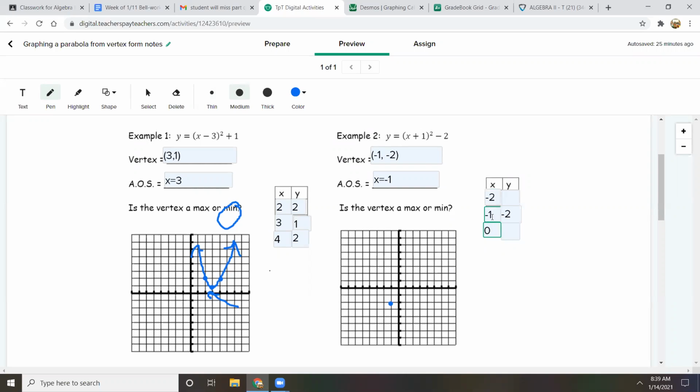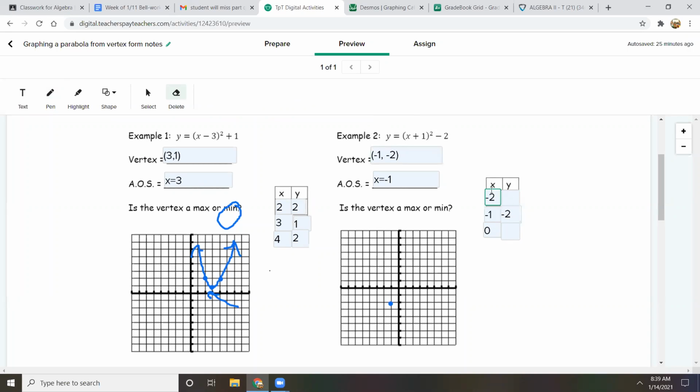You're basically going to subtract 1 from this x value and add 1 to this x value. Or you could look at your graph. Those aren't my points, but those are going to be your x values, 1 to the left, 1 to the right. So we need to plug these into this equation.